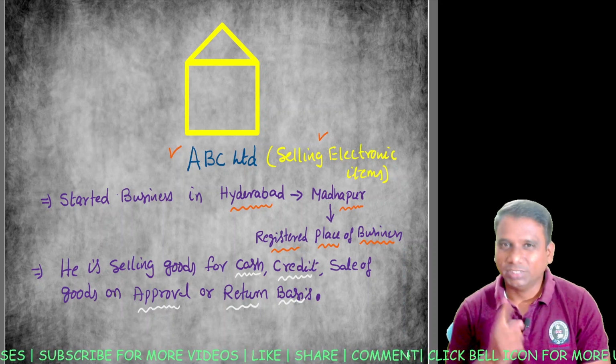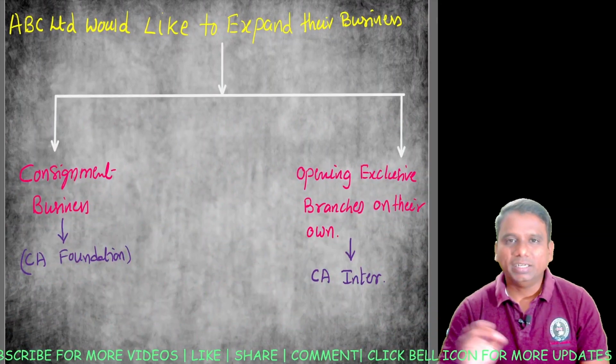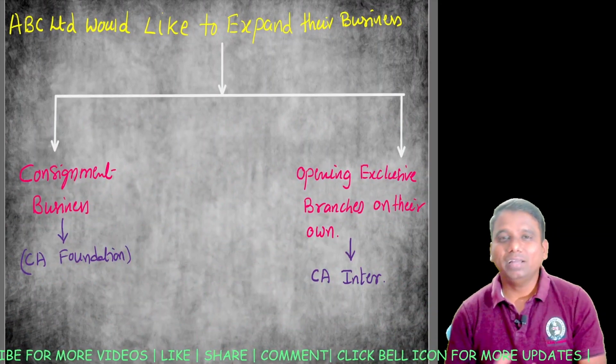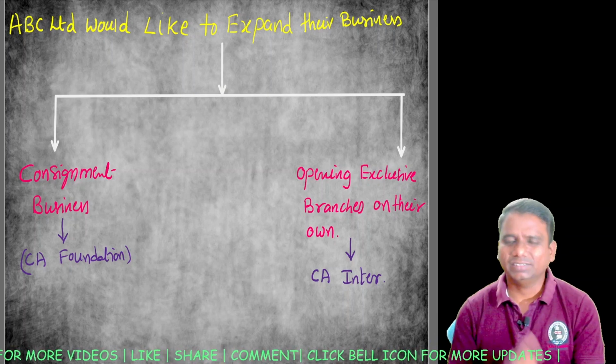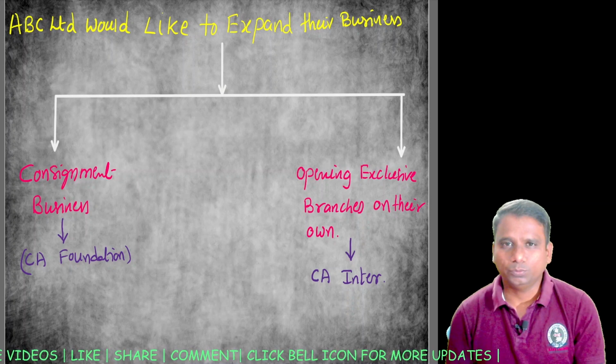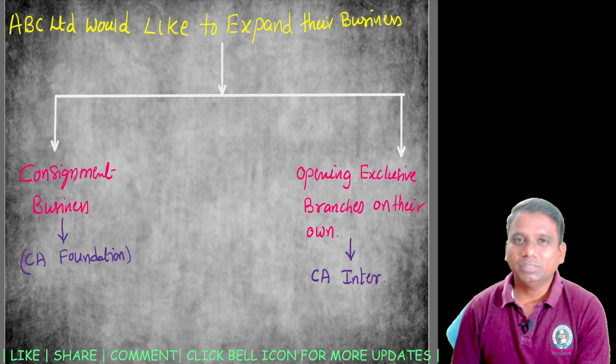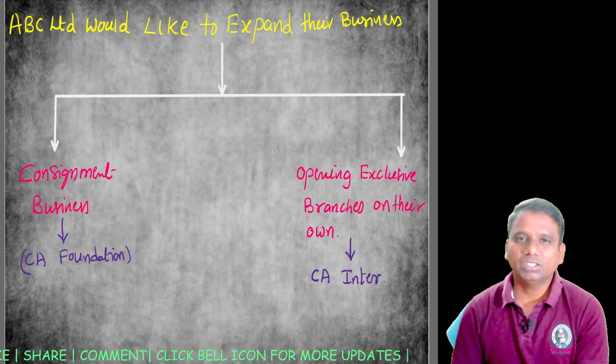Now ABC Limited would like to expand their business and sell more quantity. What options do they have? One is consignment business, which you learned in the CA Foundation level.